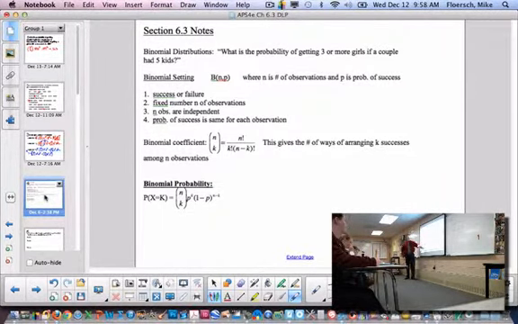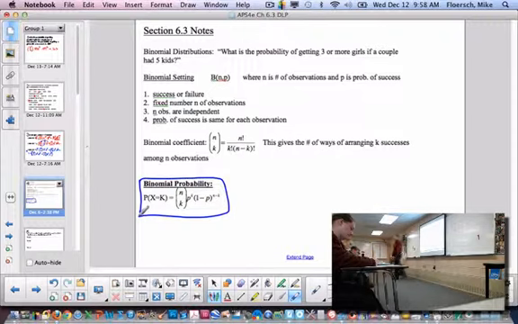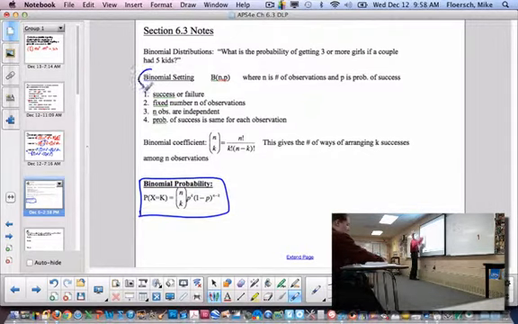This rule right here is on your College Board sheet. So you don't have to memorize that one. I think it's the 5th one down on the 2nd page. It says probability and then it gives you that equation. This is not, though, and you do need to know those 4 rules. Binomial setting.